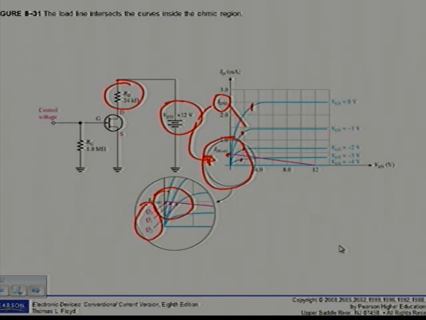The Q point is moved along the load line by varying VGS from 0 to -2. You can see there the first one is VGS equal to 0, so that is going to intercept there at Q0. For VGS of -1, I can see it cuts my curve over there, and then for VGS of -2, that will be the third point there on the load line where it cuts.